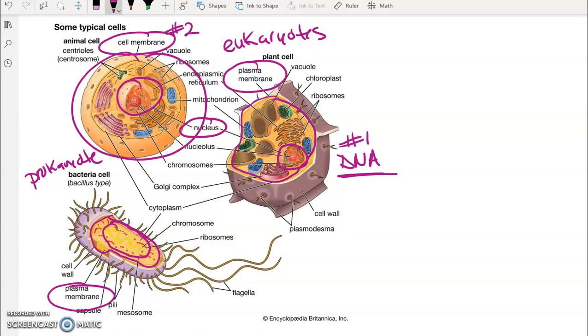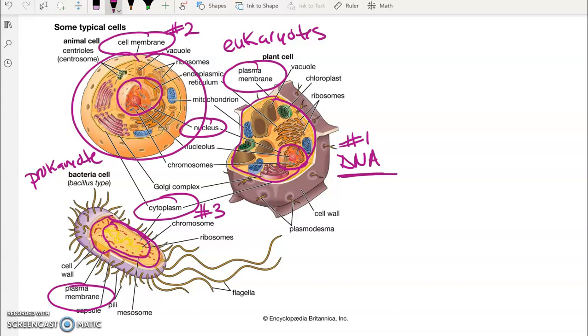It's the cell membrane. And then the last thing that all cells will have is the cytoplasm, which you can see here, it's labeled in all of these. The cytoplasm is the stuff, this jelly-like substance that fills the cell.